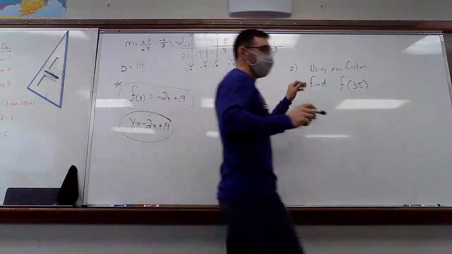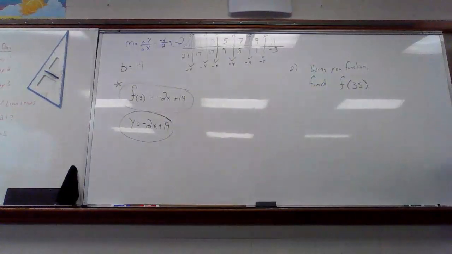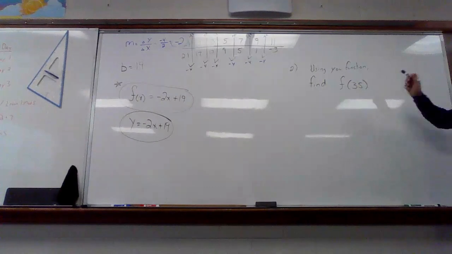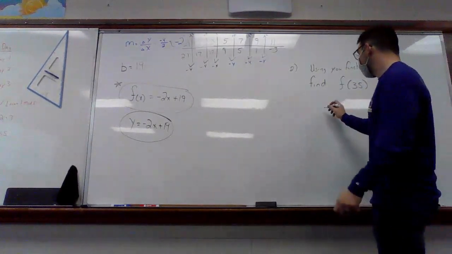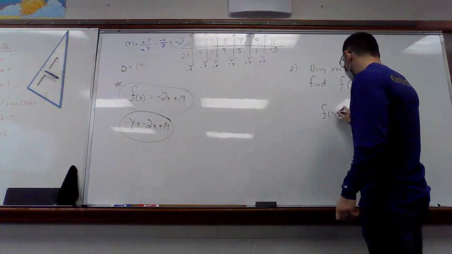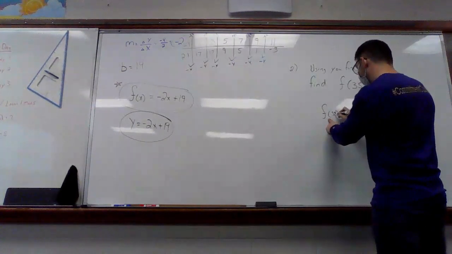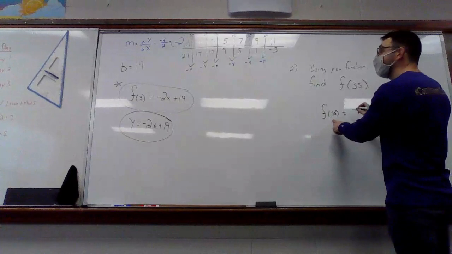So now we're going here. Using your function, find f of 35. So this is saying the function of 35. When x is 35, what's my y? F of 35 is my y, but what's happening?